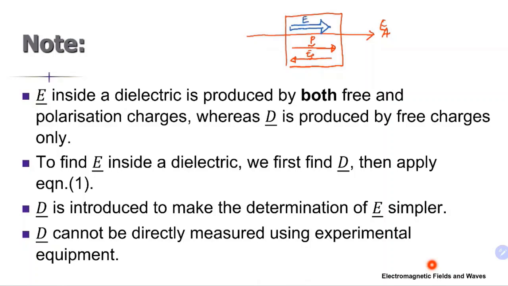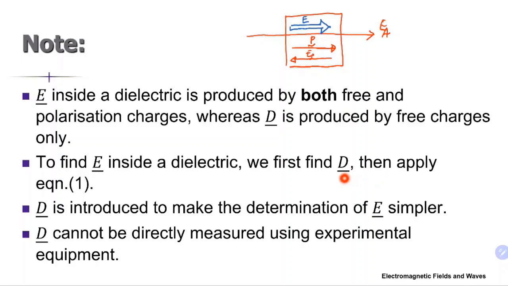Okay, so what it means is that this dielectric material's electric field depends on both the free charge from the applied electric field and also on the depolarizing electric field. Okay, we looked at that last lecture, that E is equal to E_A minus E_P.